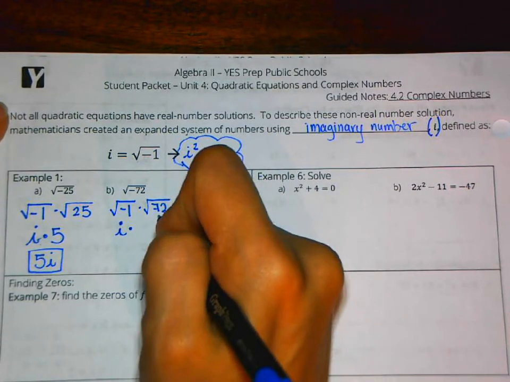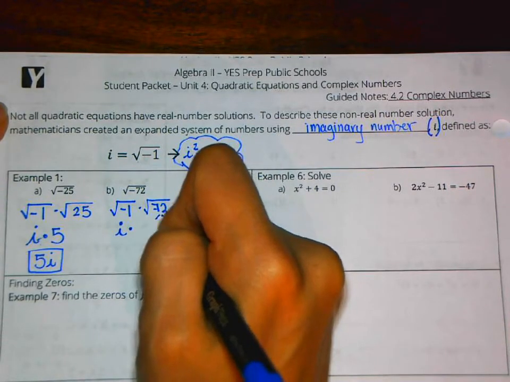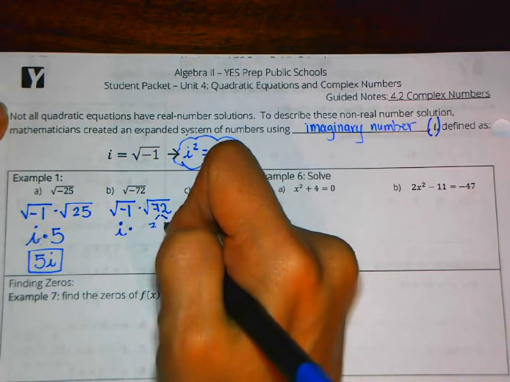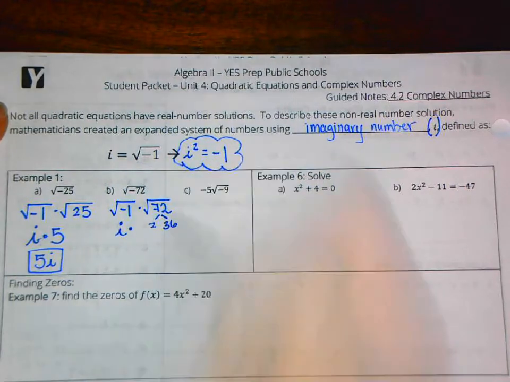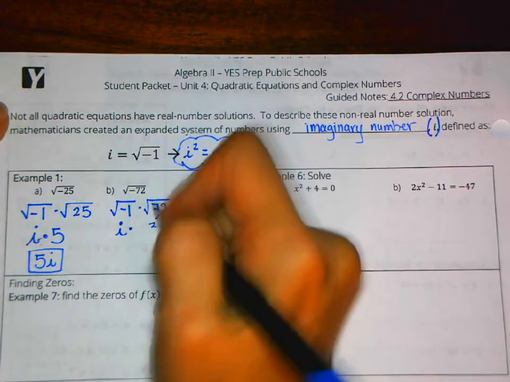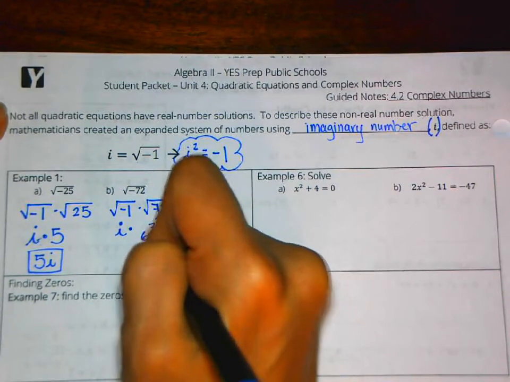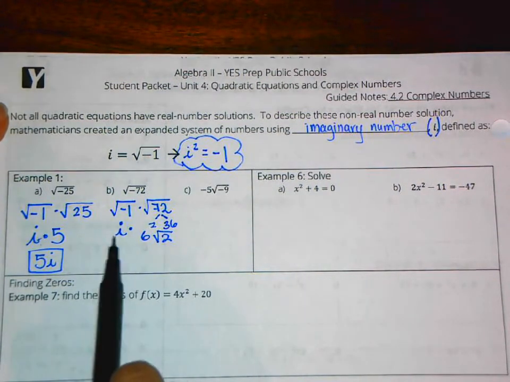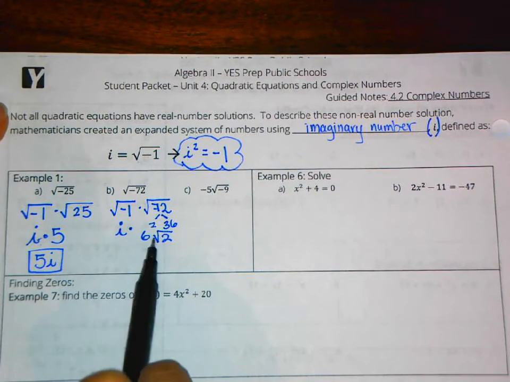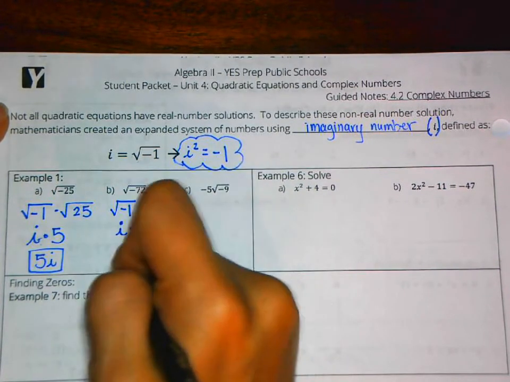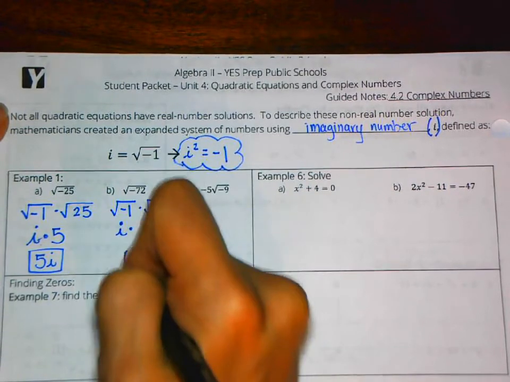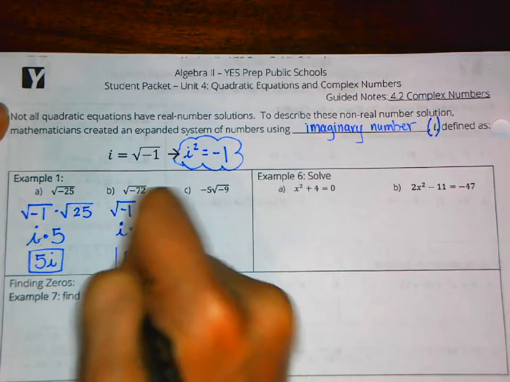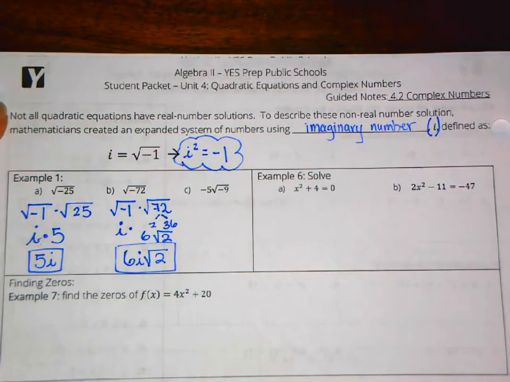Simplify the square root of 72 to 36, so that's going to give me 6 square root of 2. Remember what I said? i follows a whole number and goes in front of a square root. So final answer, 6 times i times square root of 2. Final answer.